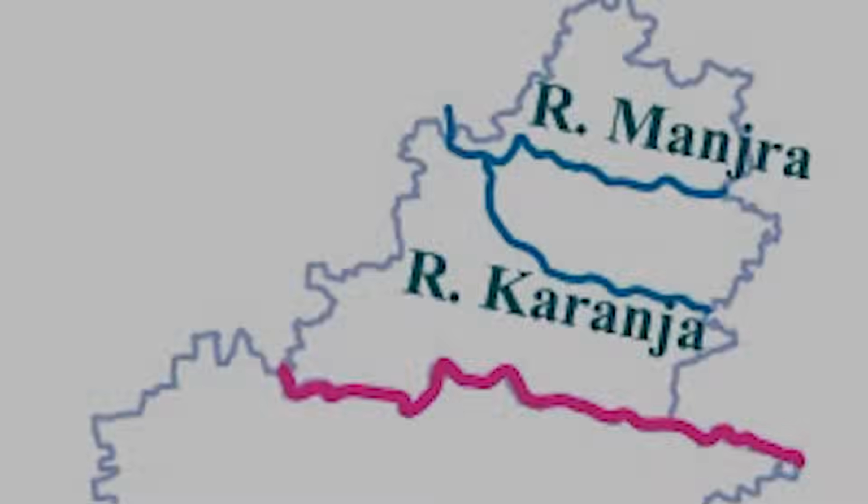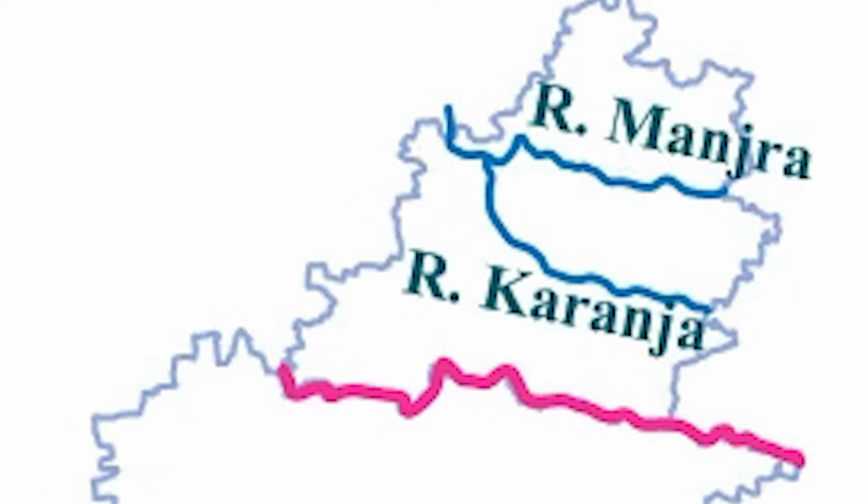Look here, Manjra flows from west to east direction, whereas Karanj river starts its journey in Telangana and flows in the east to west direction, joining Manjra in this way. Can you see this is the opposite direction of Manjra river? This kind of river system where a tributary flows in opposite direction to the main river is known as consequent river system. Okay, moving on.